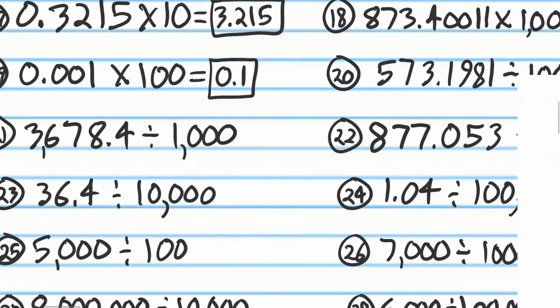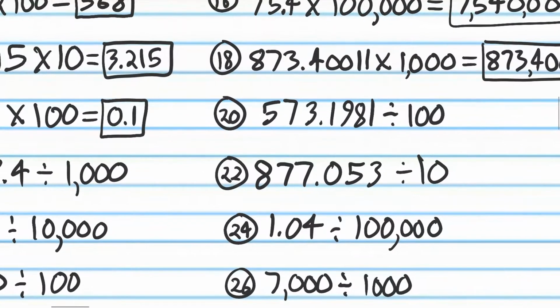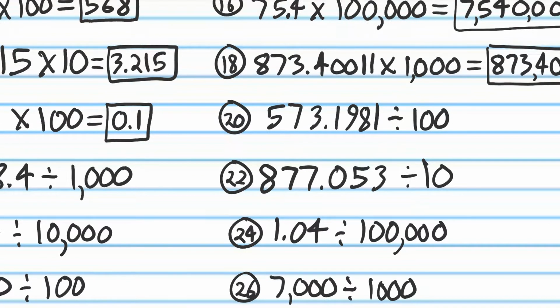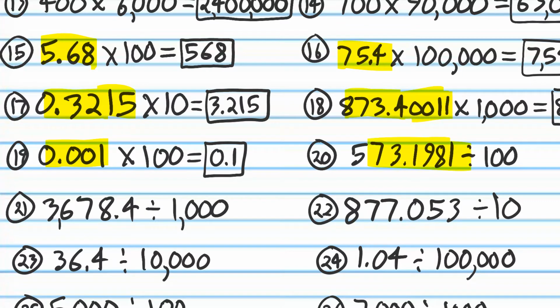All right. So when you multiply by a power of 10, you move the decimal a certain number of places. But the key thing to understand here is that these numbers did not change. It's the same numbers. That's why these calculations are so easy. The only thing that changed is that the decimal moved.